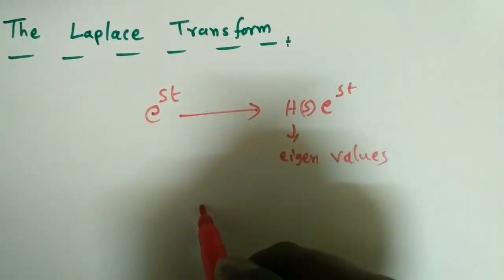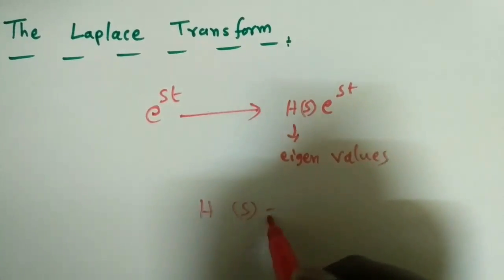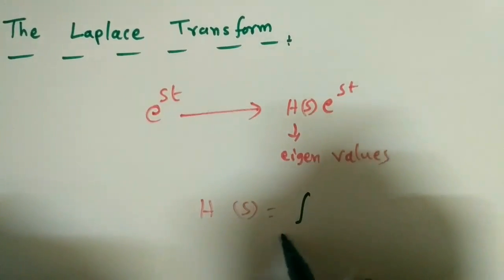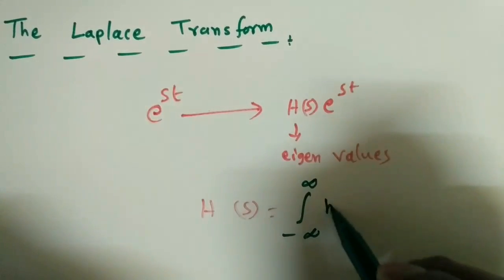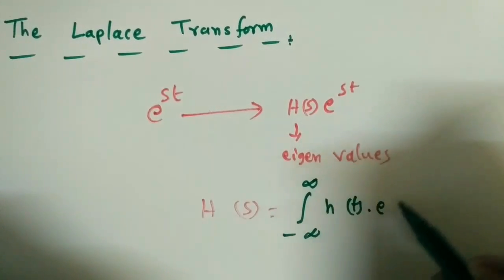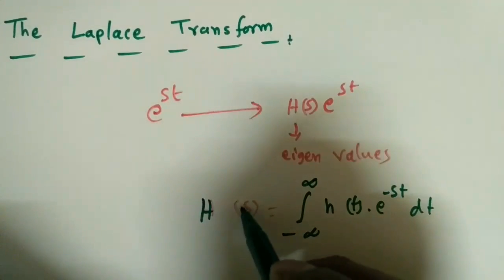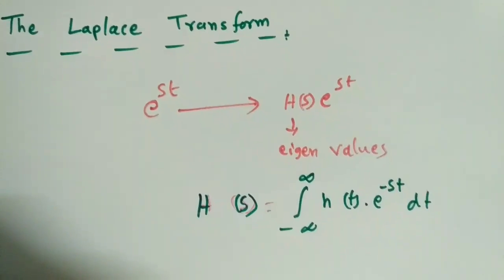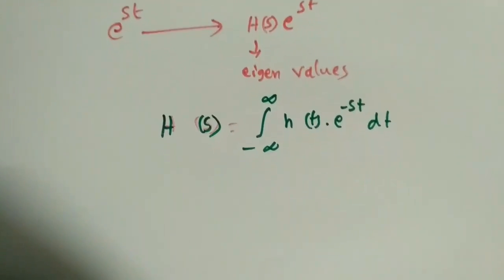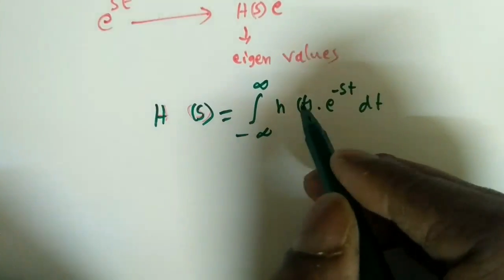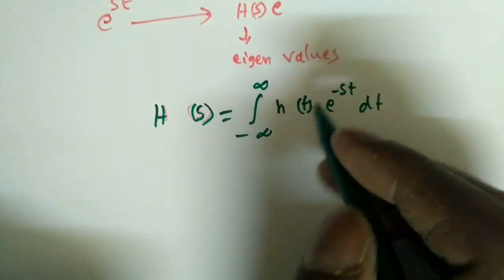There we discussed h of s is equal to integral from minus infinity to infinity of h of t into e power minus st dt, right? So this is generally the Laplace transform. Now we can easily find h of t by the inverse Laplace transform, right?